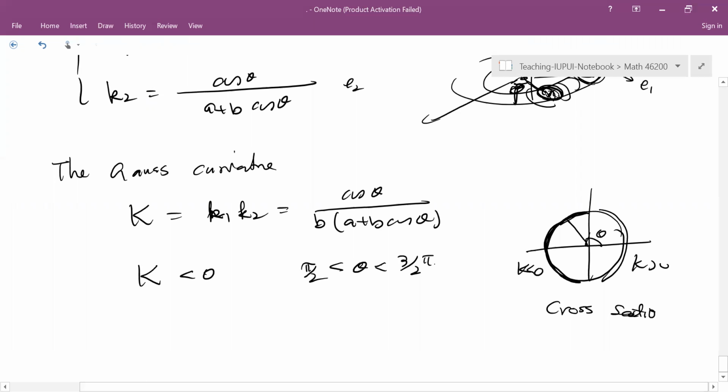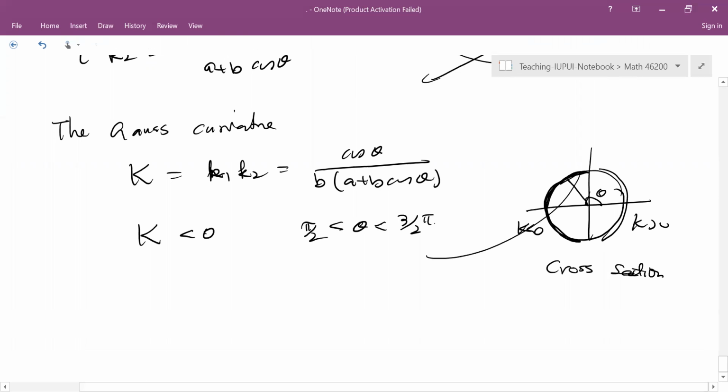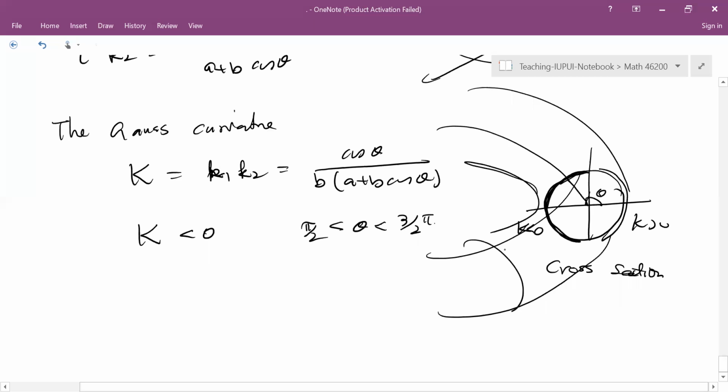If you draw the picture, it looks like that. So the outside is more curved, the inside is less curved. It could be negatively curved.